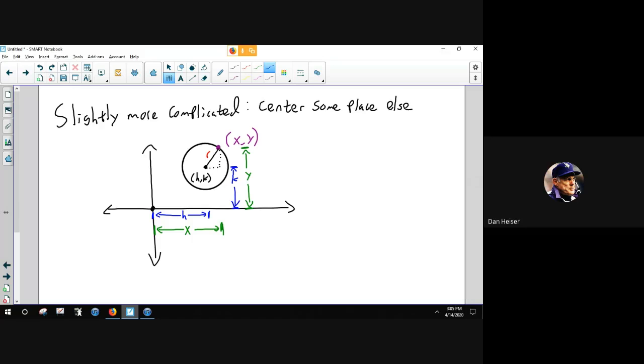So, there's our problem. We have this little gap. And we have this little gap. This little gap is the length of this leg. This gap between y and k is the value of that leg. Good news is we can find that gap. I'm going to take this triangle and blow it up a little bit.